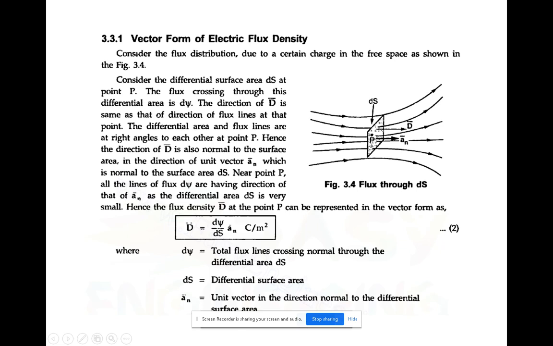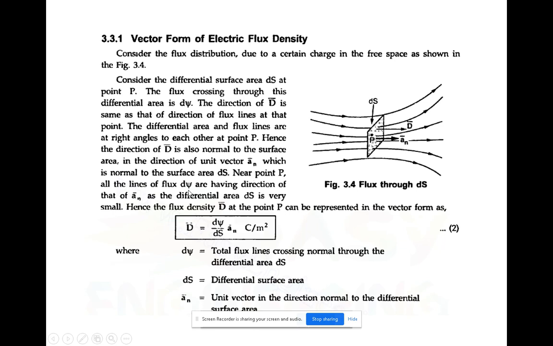At point P, the direction of the D vector is also normal to the surface area, in the direction of unit vector AN. So the unit vector and the D vector have the same direction, normal to the surface area.